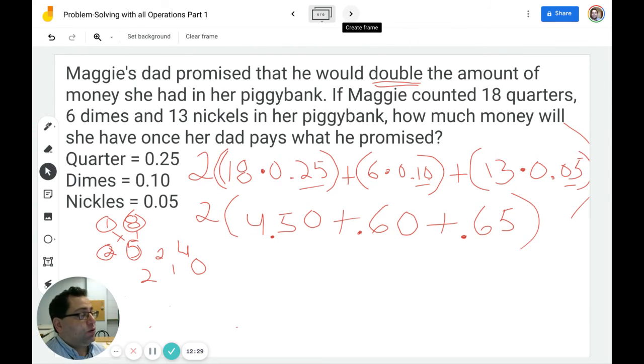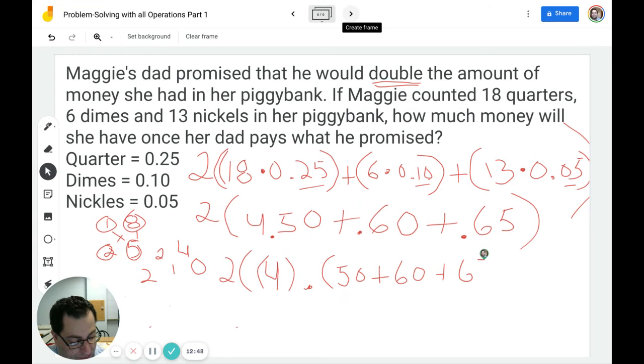We have 3 decimals to add here. We have $4, so we'll start with $4. Keep that like that. And then I have 50 plus 60 plus 65.